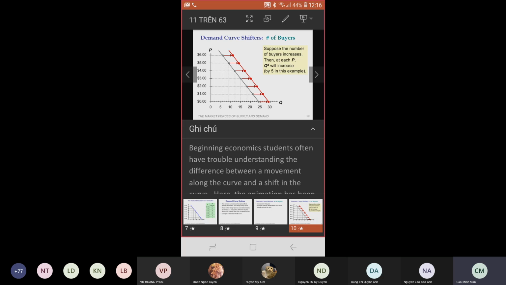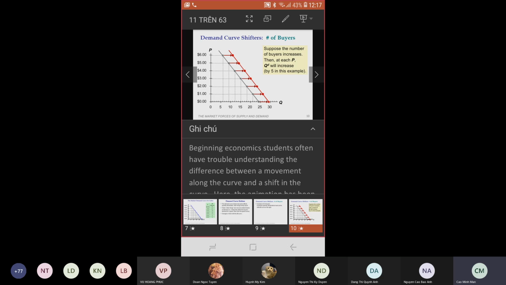So we would conclude that, listen, everything is the same, when other things are equal, when the number of buyers is higher, demand is higher, and the demand curve shifts to the right.